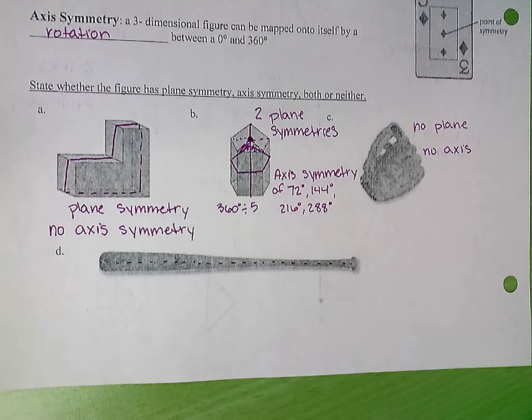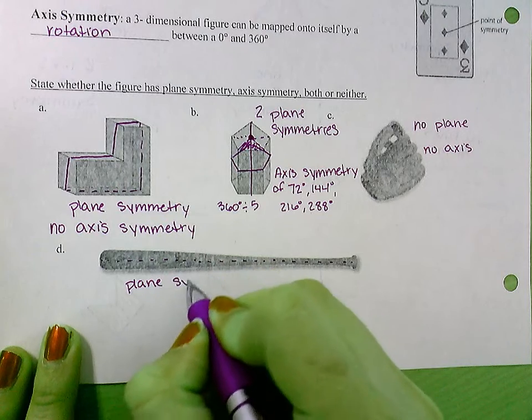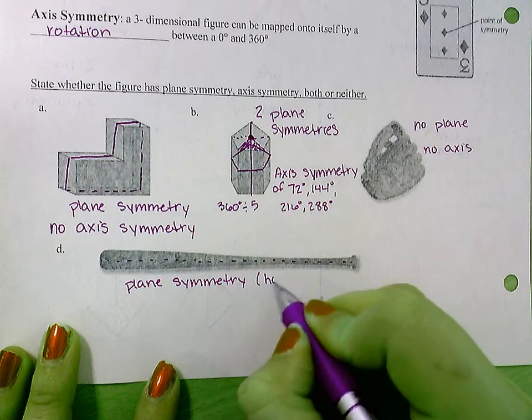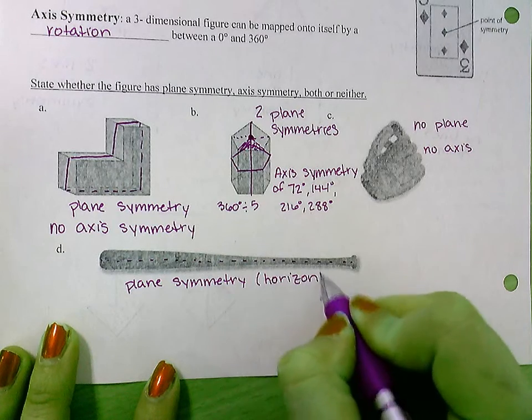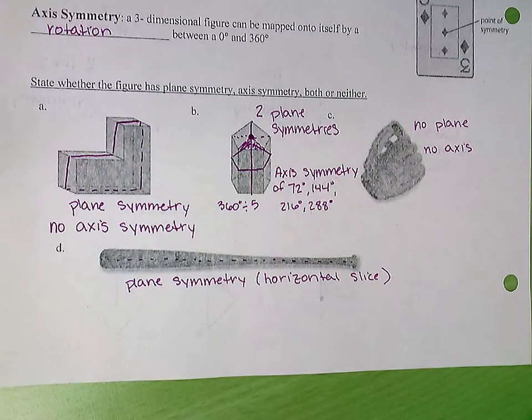I could reflect it up onto itself then. So we do have plane symmetry, and that would be that horizontal slice. Yes, there is.